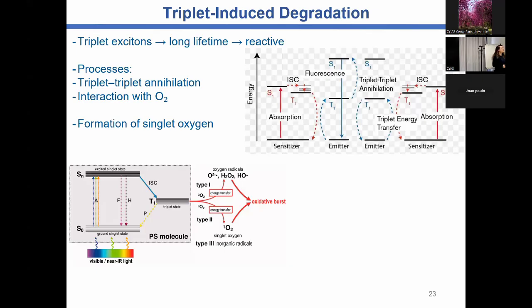It's important to mention that the singlet and triplet states have different lifetimes. The singlet is usually picoseconds or nanoseconds, and triplets are milliseconds or seconds, depending on the material. And this triplet, with spin-orbit coupling, can react with oxygen quite easily.